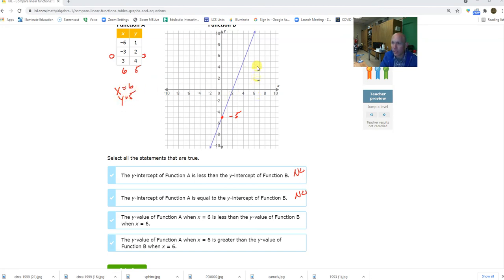When x is 6, y equals 10. Is less than, yep. The y value of function A when x is 6 is less than B. Yes, that's true. The y value when x is 6 is greater than, no. I think it's just this one right here. Let's see what happens.